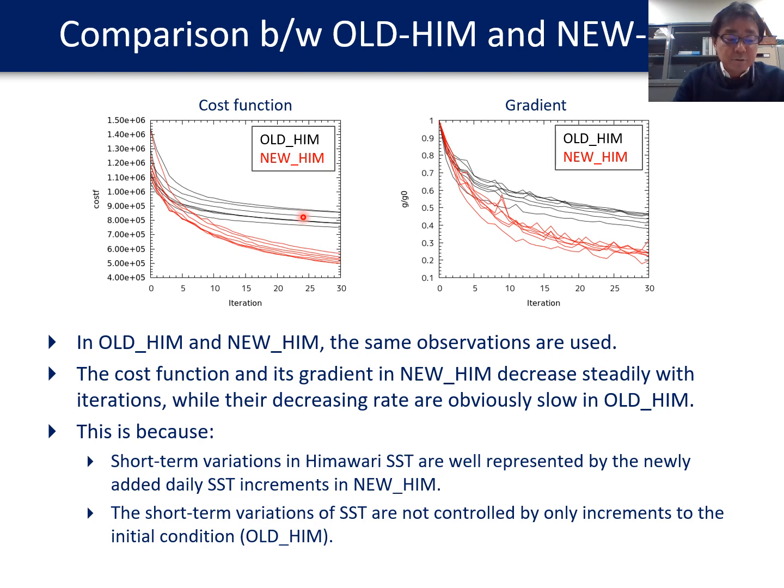And again, it should be noted that the same observations are assimilated in old HIM and new HIM experiments. And you see that the cost function and its gradient in new HIM, shown by the red curve, decrease rapidly with iterations, while their decreasing rate in old HIM is obviously slow.